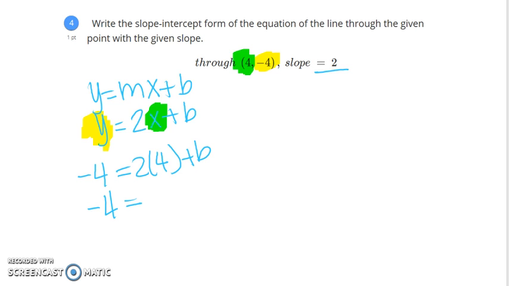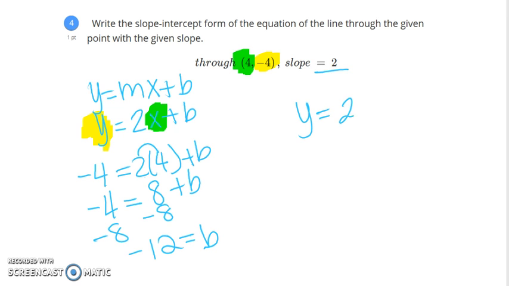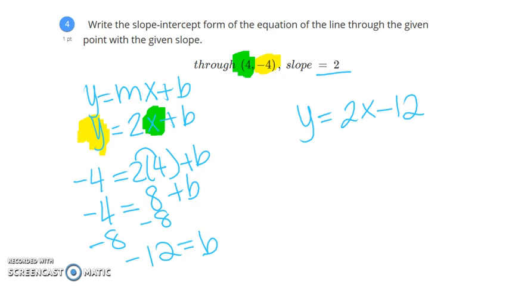So this is -4 equals 2 times 4, which is 8, plus b. I need to subtract 8 from both sides, so -12 equals b. I now have everything I need. I have my slope of 2, and I have my y-intercept of -12. Love it, love it, love it.